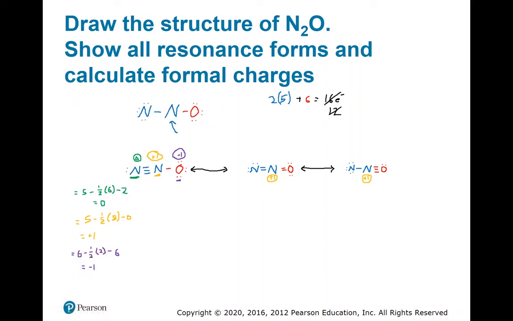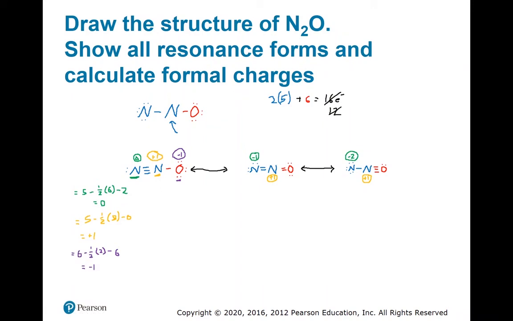For the nitrogen on the left, for the central one, it's going to be -1, and for this one on the right, it's actually going to be -2. And it's worth pointing out that formal charges are less ideal if they're non-zero, and the further away you get from 0, the worse they are. So a formal charge like +2 or -2 are usually signs that the resonance form is not that good.